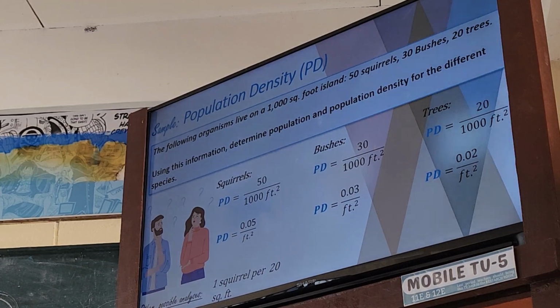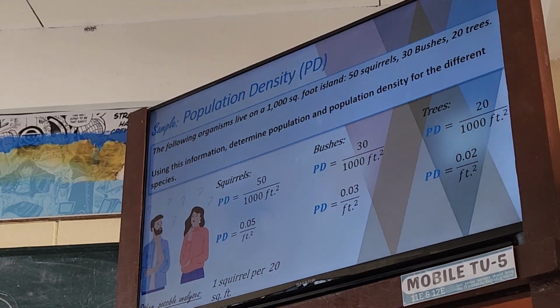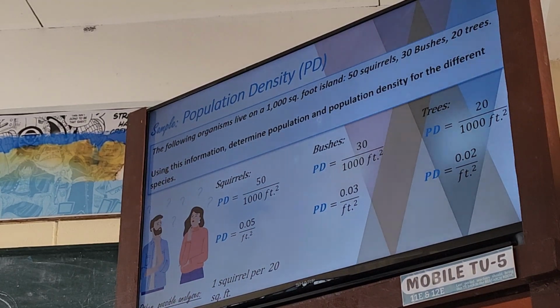Per 20 square feet, because 0.05 is unlikely to guarantee one. There's lesser chance to find at least one squirrel within 1 square foot, right? So that means one squirrel requires an area of an average of 20 square feet.